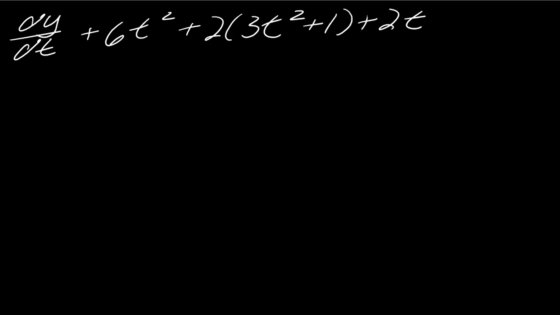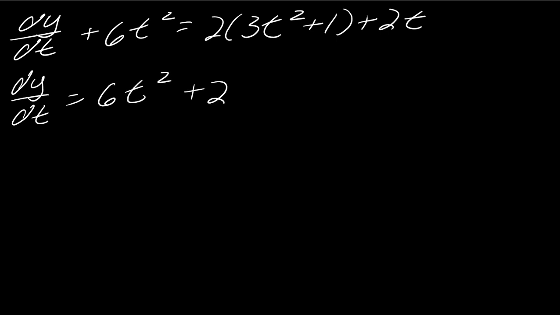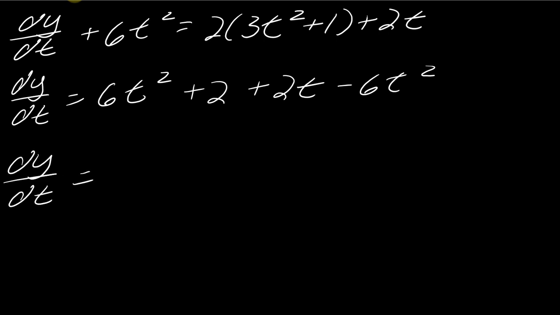Sorry, there is an equal sign here. Now I have something entirely in terms of t that I can easily solve for dy/dt. So dy/dt equals 6t squared plus 2 plus 2t, and now I'm going to subtract off 6t squared. It looks like these 6t squareds drop out, so I'm just left with dy/dt equals 2 plus 2t.